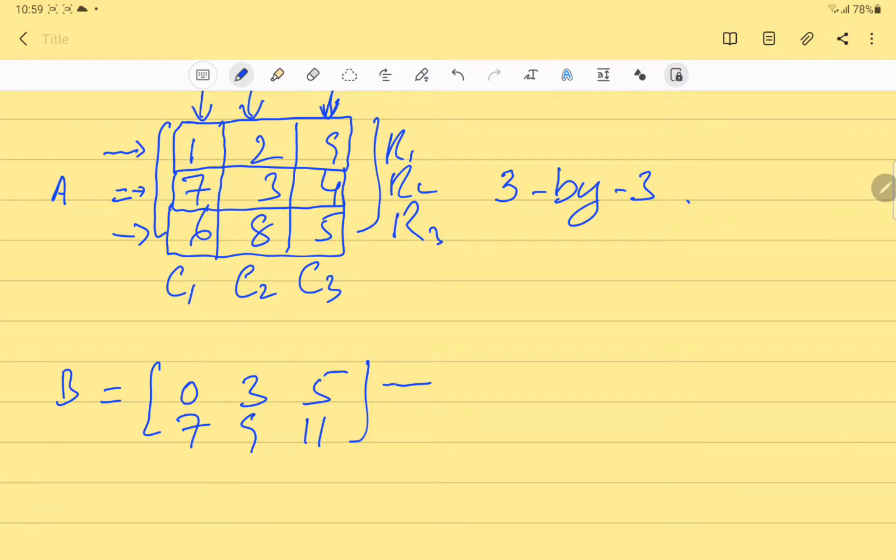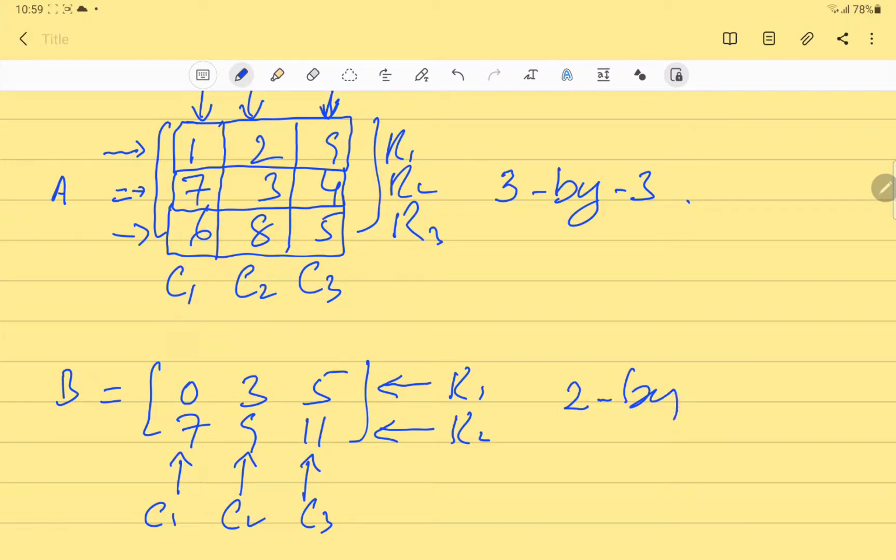This is row number 1. This is row number 2. Similarly, this is column number 1, this is column number 2, and this is column number 3. First of all we write rows, then by 3 is the number of columns.